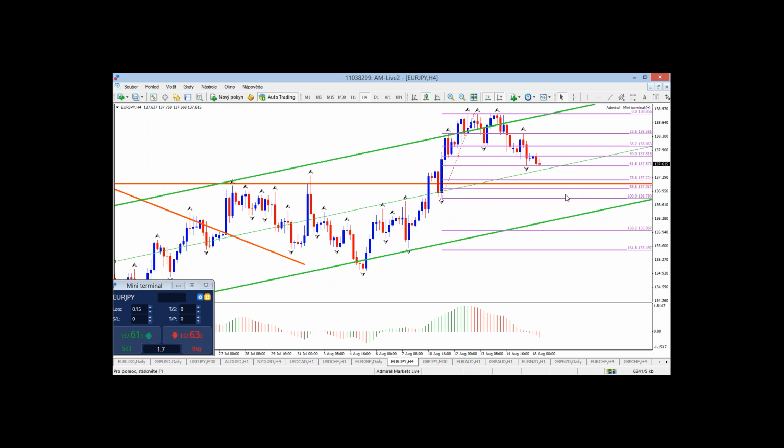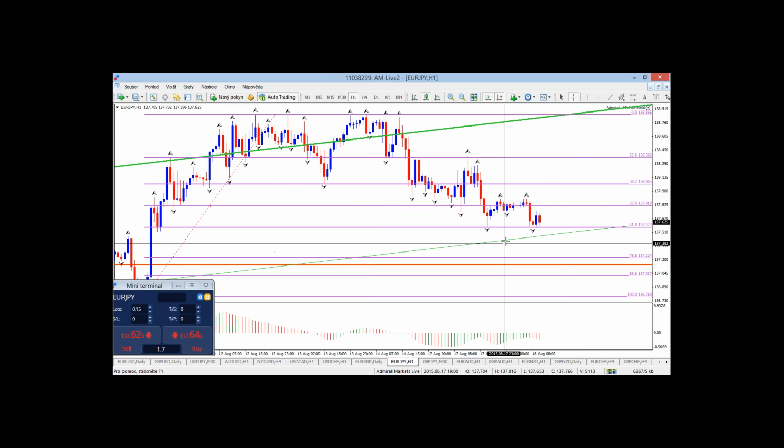At this moment, let's see, it's right at, could be a double bottom on a lower time frame. Otherwise, there's maybe a chance to go back to 137.25, 137. That could be an interesting spot, I would say, for a bounce. Let's take a look at the hourly.